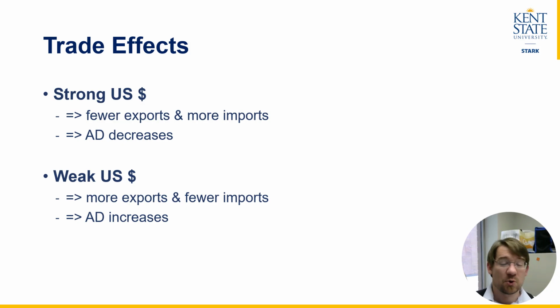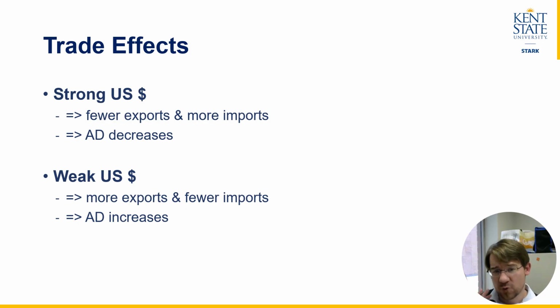At the same time, we're going to have an easier time importing from the rest of the world. We have a strong dollar, which means that dollar can buy lots of foreign currency, so it's relatively cheap for us to buy things from foreign countries. Now, the net effect of this in aggregate demand, aggregate supply terms is that a strong US dollar will tend to lead toward lower aggregate demand as we export less and import more, so that's a negative for our net exports.